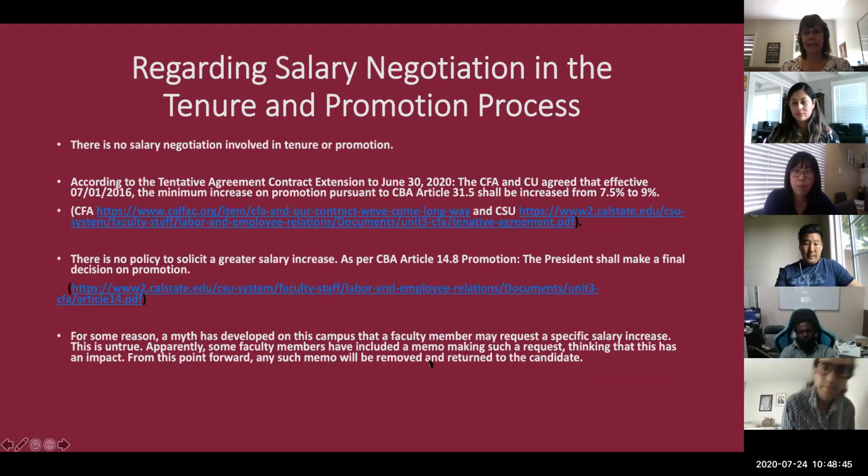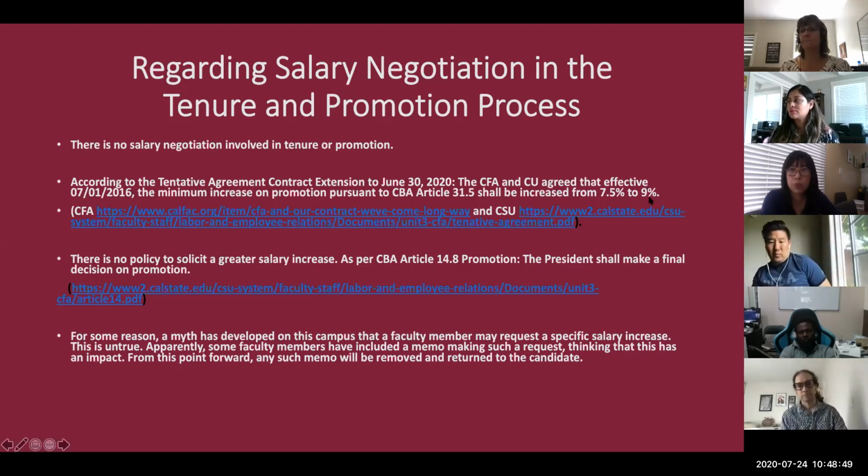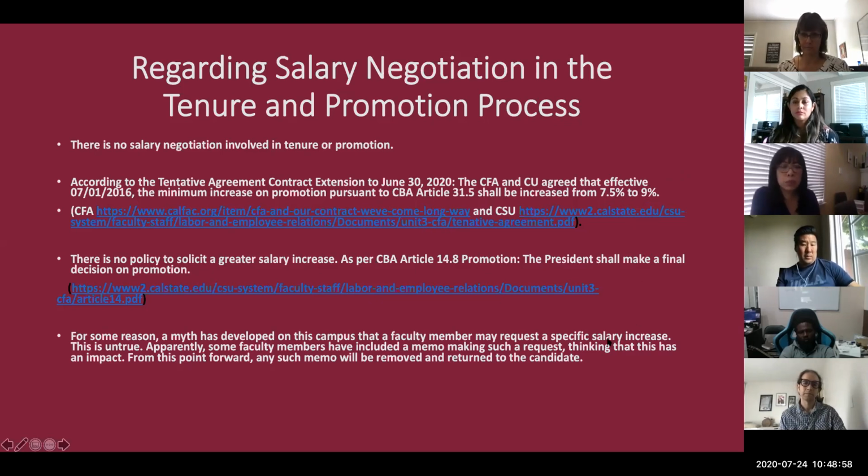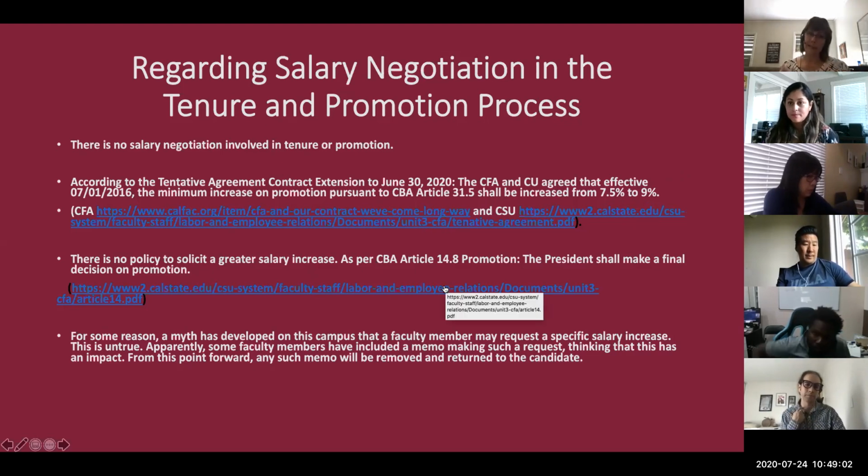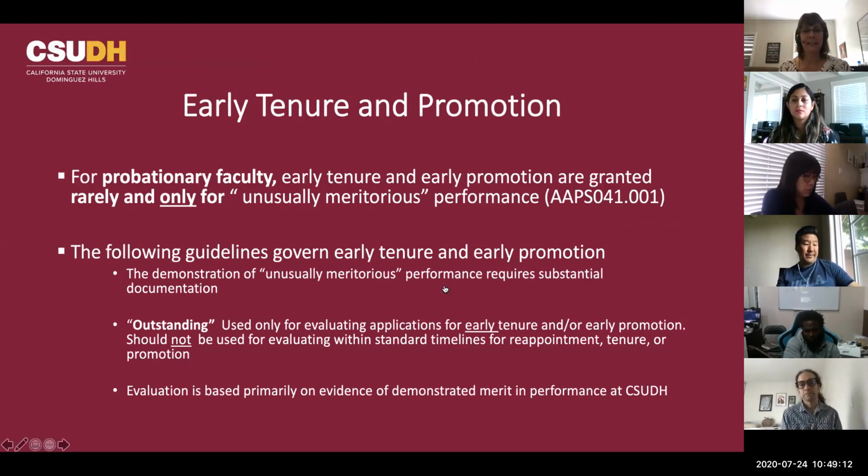Essentially, it is a minimum of 9% pay increase with promotion to tenure and promotion to full professor. And again, right now there is no policy to solicit a greater salary increase. This will all matter more to you when you're really close to tenure. Okay, so I just wanted to plant that seed.